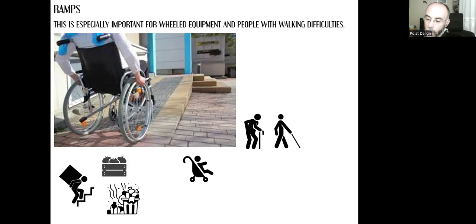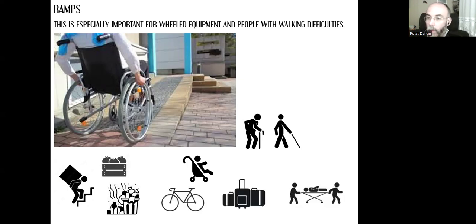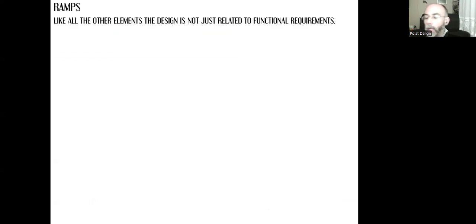As you know, there are functional buildings specifically designed to have lots of food or garbage or sheets, clean sheets, towels. These are required to move from level to level, such as restaurants or hotels or even hospitals, or strollers, bicycles, luggage, or gurneys. These all have wheels, so ramps will be better.